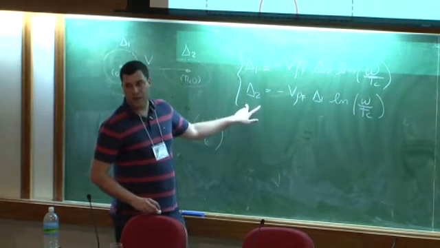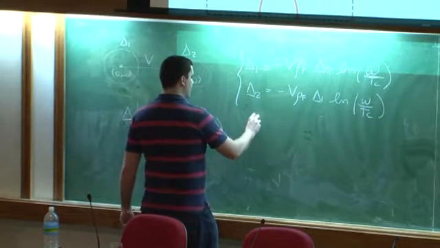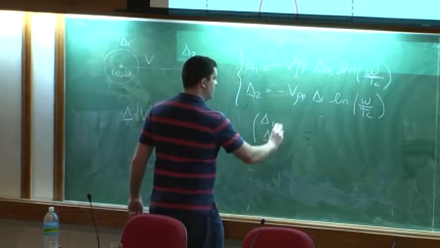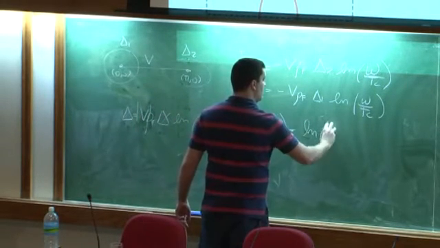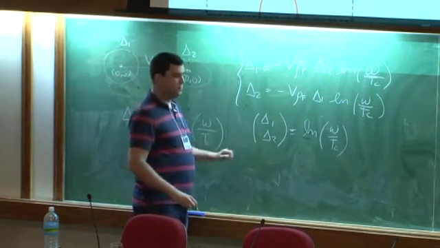Now you can always write this equation in the simplified form here. I can always write this as delta 1, delta 2 equals log W over delta TC. I'm now writing matrix form.